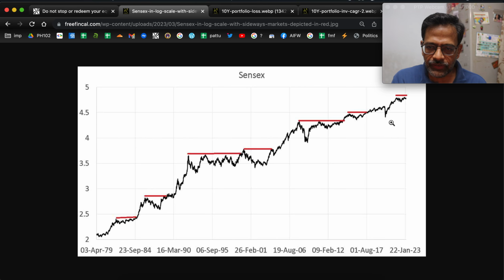After this crash, there's a huge recovery and a bull run, probably because of the tech stocks or whatever you want to call it. It's just there was some kind of euphoria that things will be better, and then that euphoria has given way to reality, and now we have a kind of a recessionary period, high inflation period, high interest rates.